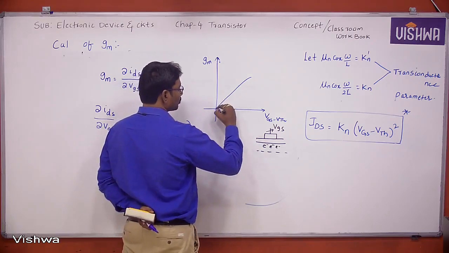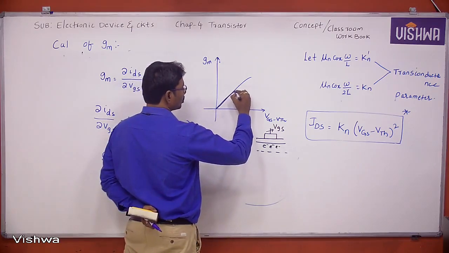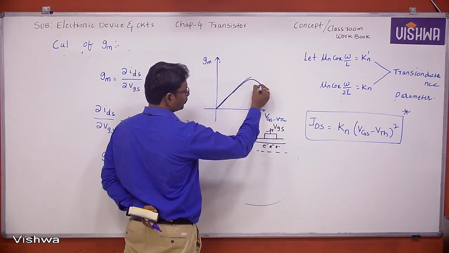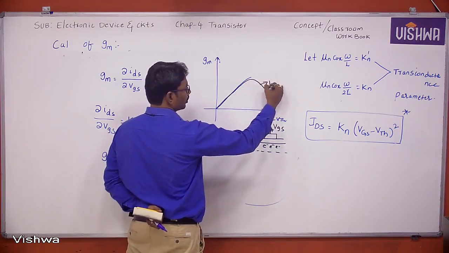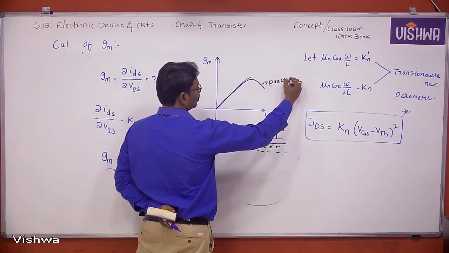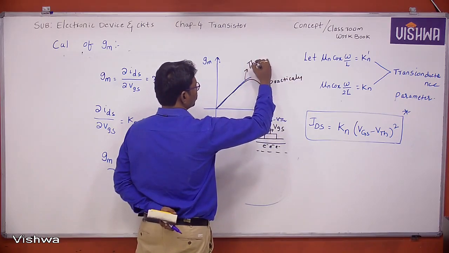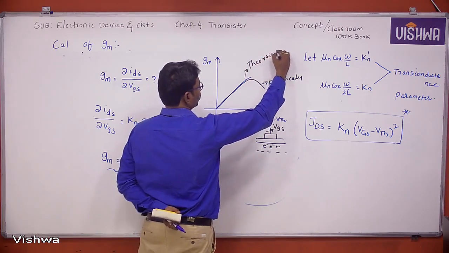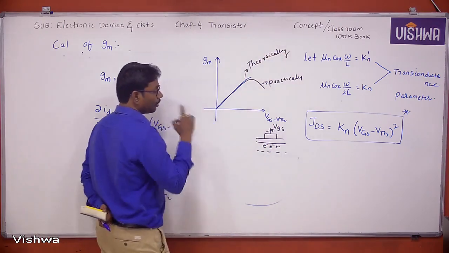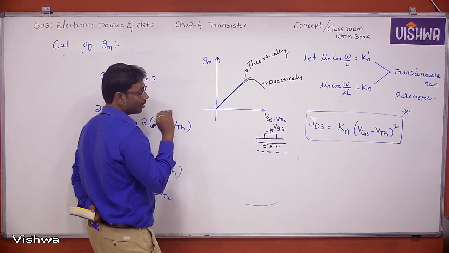After reaching the maximum value, the transconductance starts decreasing. This is practically. Theoretically, it is simply linear. Why practically, after reaching the maximum value, does it start decreasing?